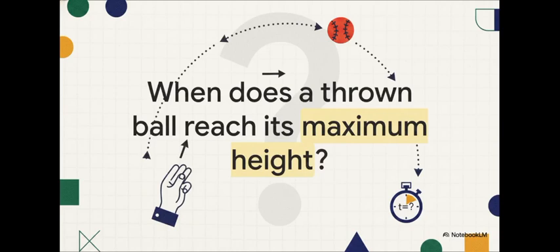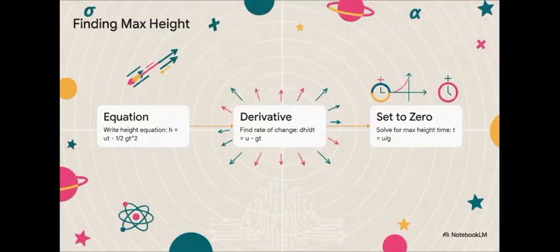Let's test our new language fluency with this classic real-world physics problem outlined in our source text. How do we pinpoint that absolute peak moment? Using our calculus syntax, it takes just 3 simple steps. First, we write the basic algebraic height equation.